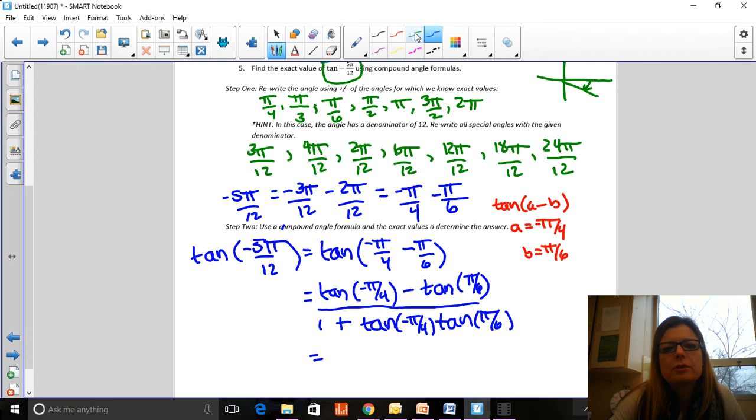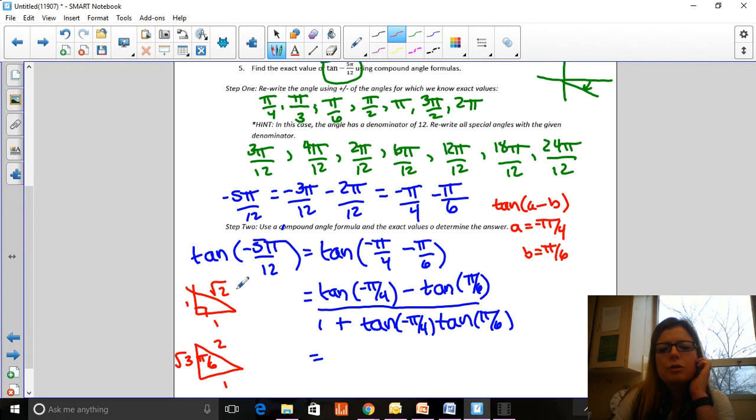Okay, so if we can remember our special triangles, here is the pi over 4 one. Okay, so 1, 1, root 2, and here is the other one. So this is 2, 1, root 3, but this is pi over 6 up here. Okay, so pi over 4, the tan of it is just 1, but negative pi over 4 is in this quadrant.